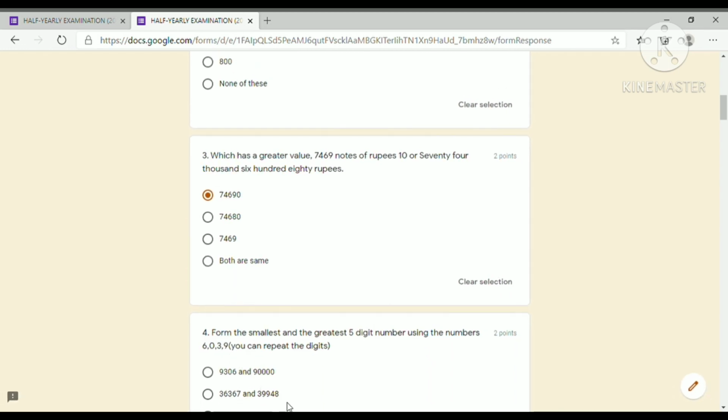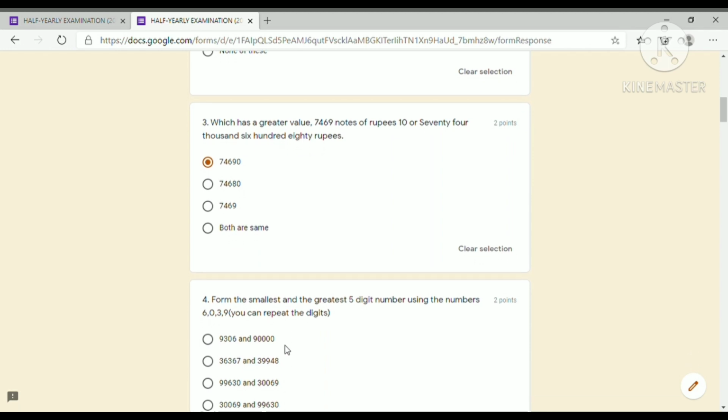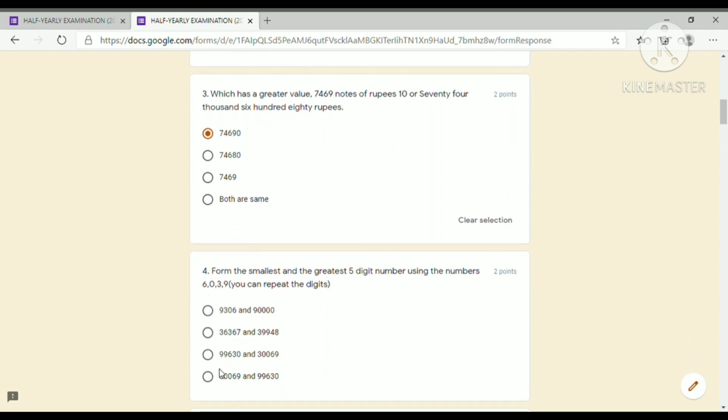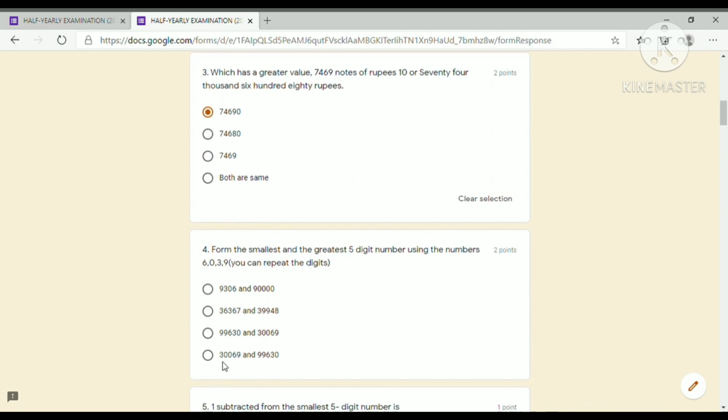Now the children got confused between option C and option D. As you can see, the options are 99660 and 30069, and the last one is 30069 and 99630. So the correct option is the fourth, D option, that is 30069 and 99630, as it is given, form the smallest and the greatest 5-digit number.